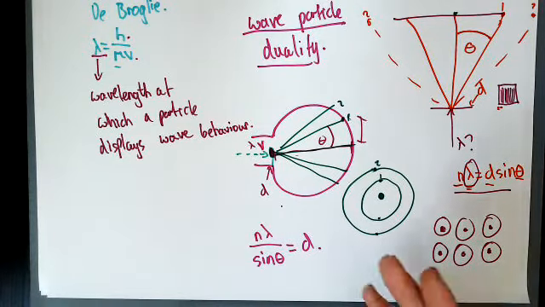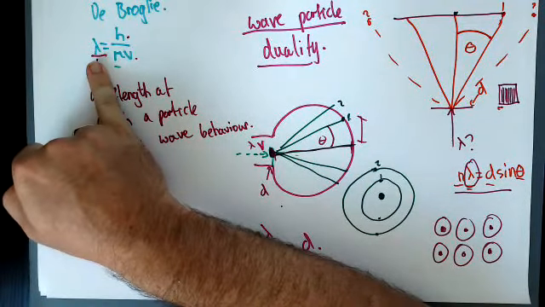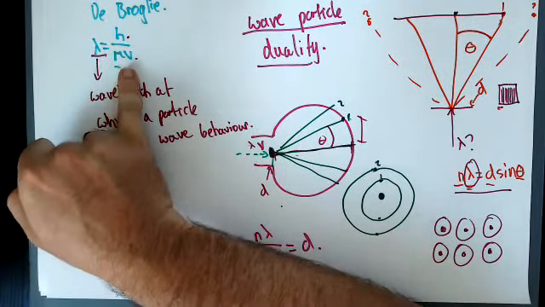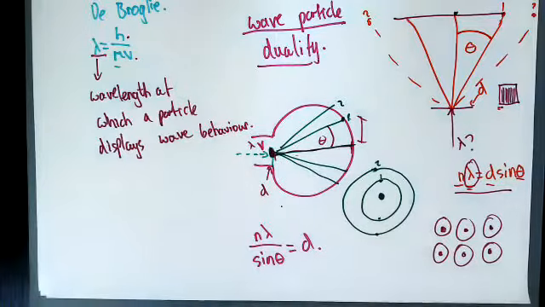So in this case, we're going to talk about wavelengths of particles, or even a person, when moving, and when we would observe particles to exhibit wave-like behavior.